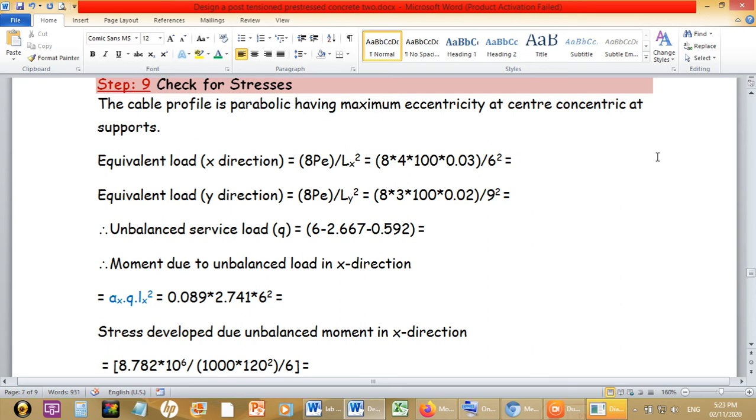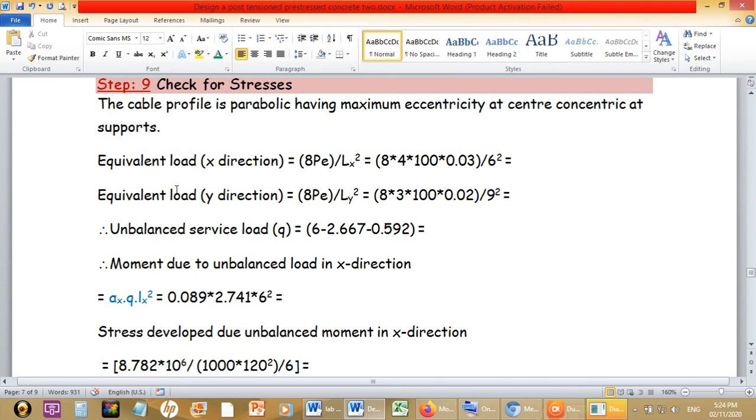So let's start. First of all, for this stress calculation, we should know the cable profile. So here we assume that the cable profile is parabolic, having maximum eccentricity at the center and concentric at the support. Means parabolic profile, eccentricity is maximum at the center and 0 at the support. With these assumptions we are going to start the calculation of stresses.